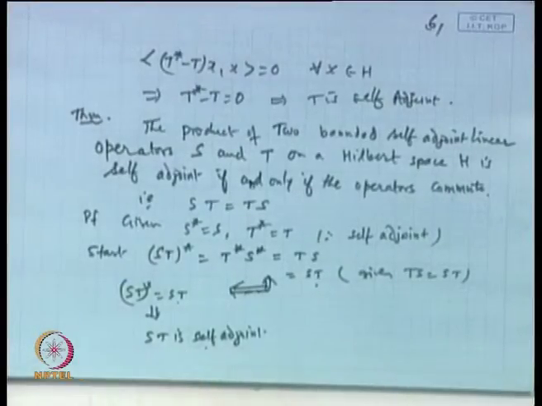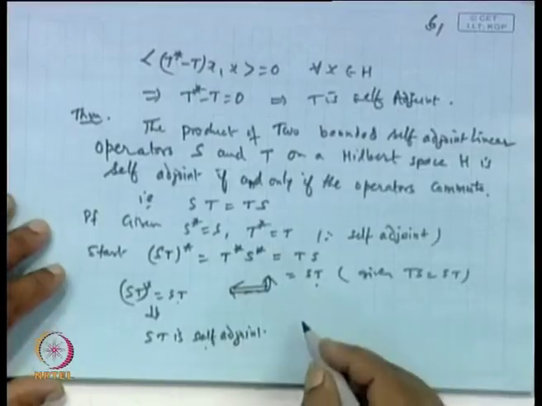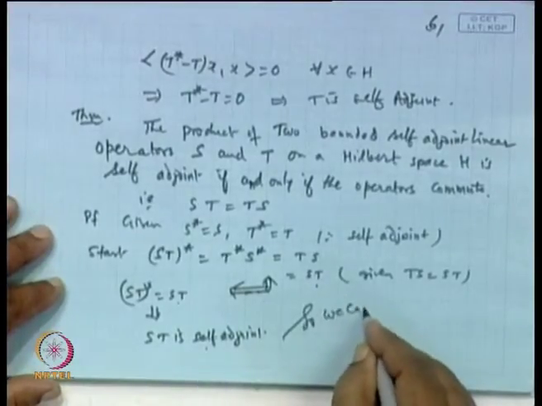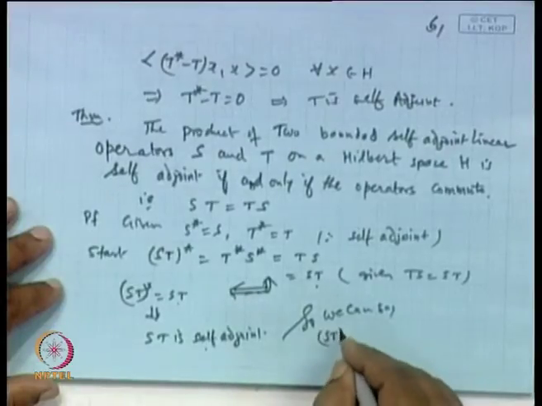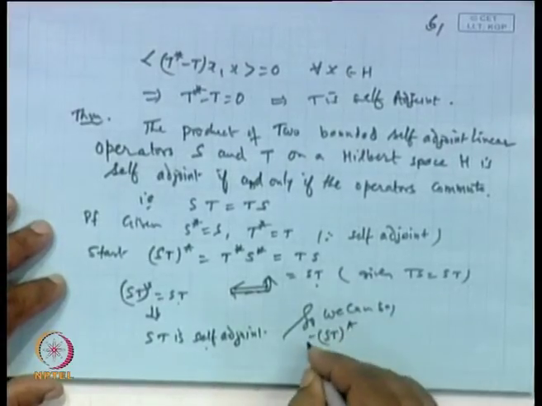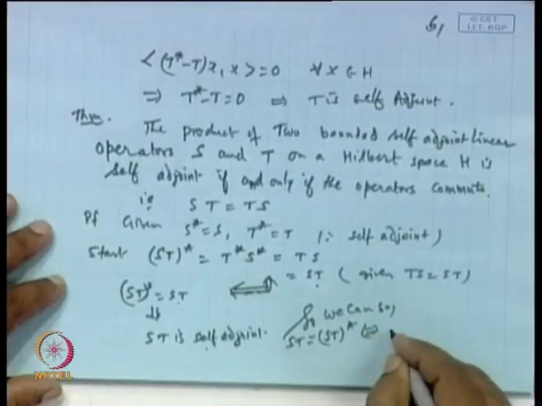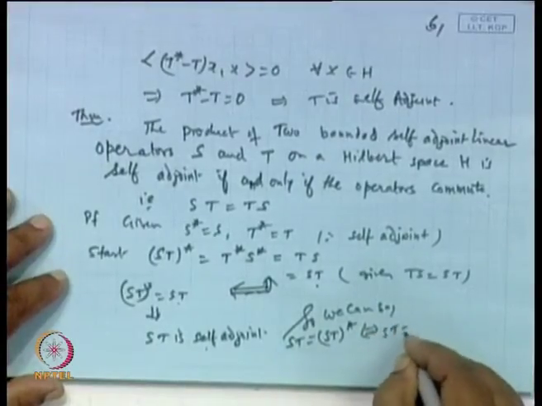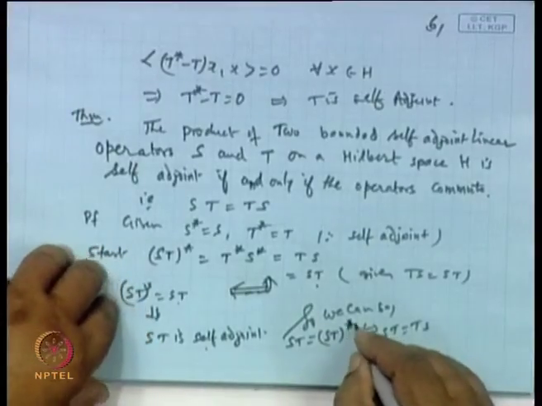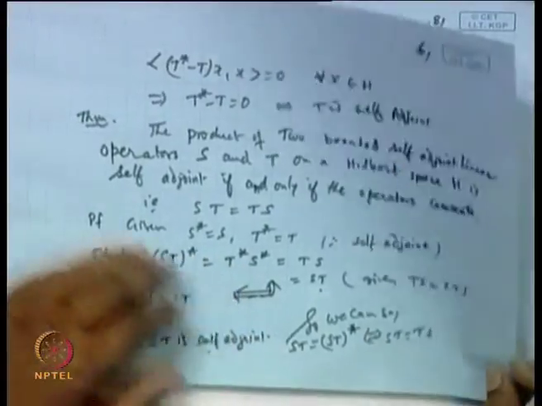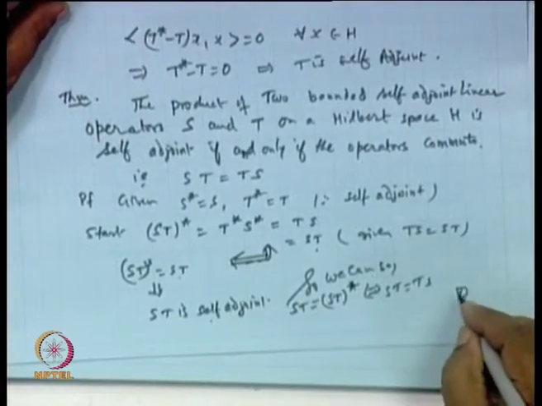So, this proves the result. So, we can say (ST) star equals ST if and only if ST equals TS. Okay. So, this completes the proof.